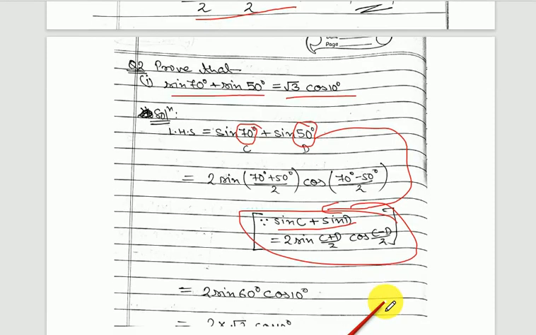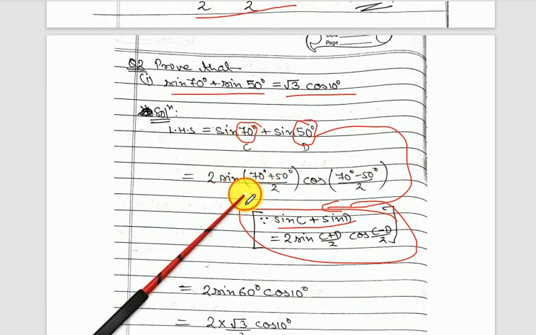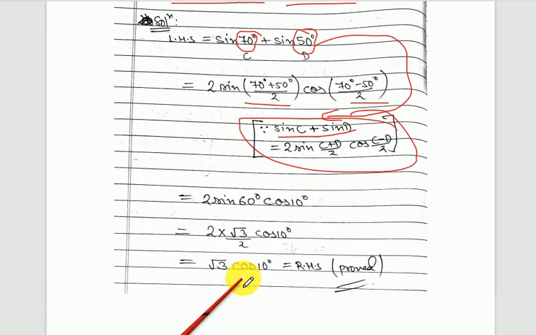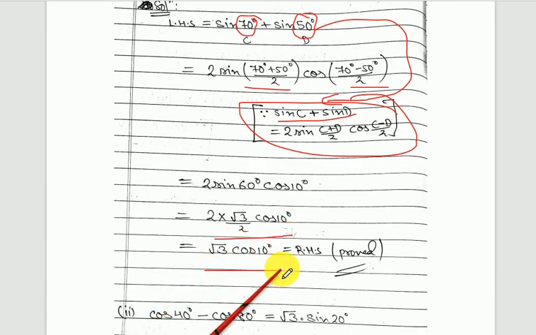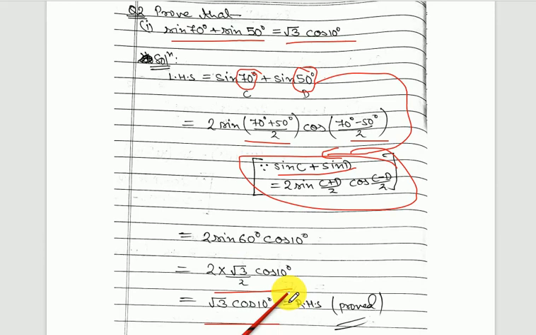Okay, so put the values and you will get root 3 into cos 10.